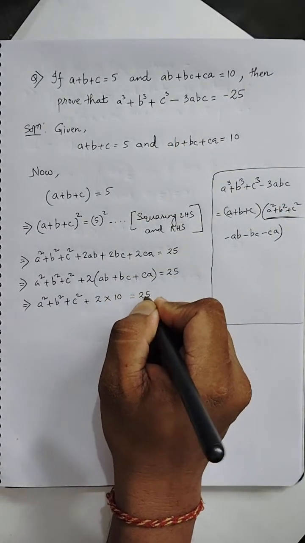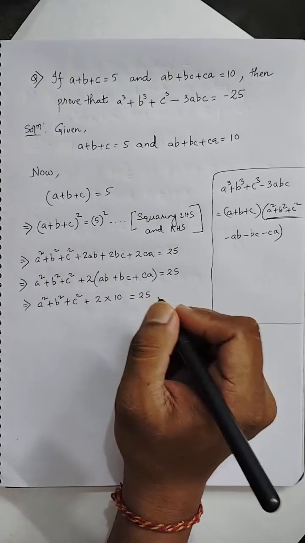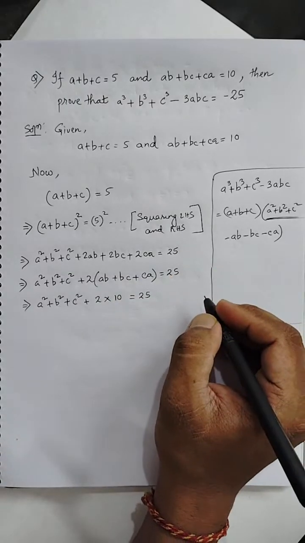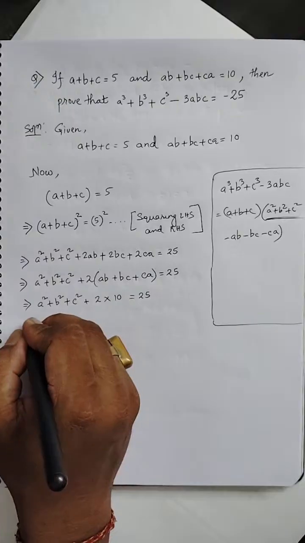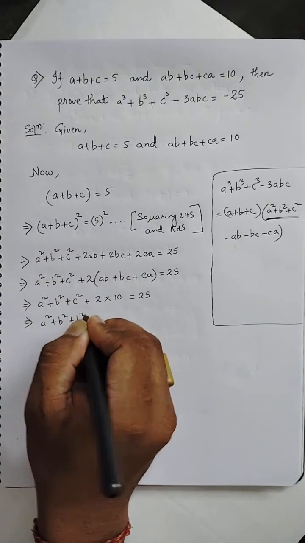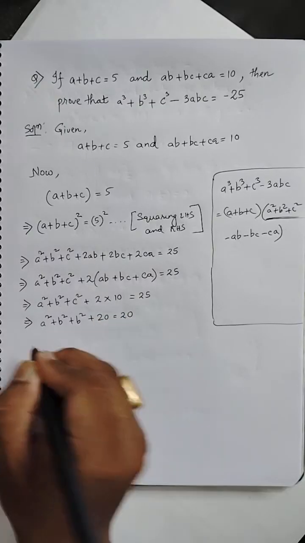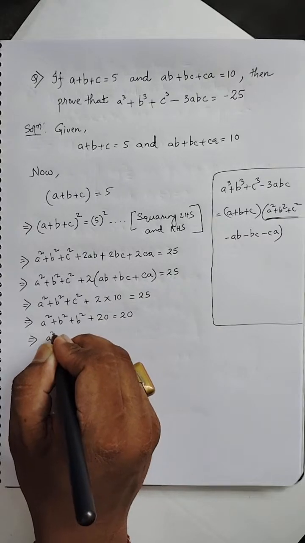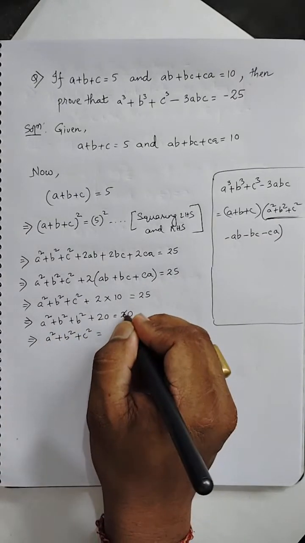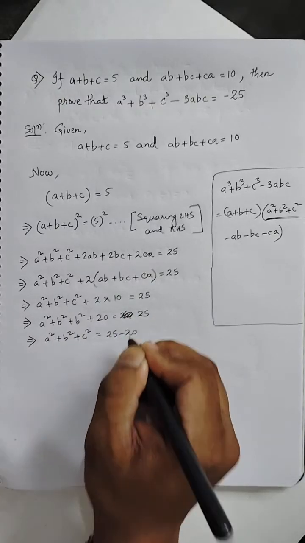So 2 into 10 is how much? 20. So 25 minus 20 is 5.